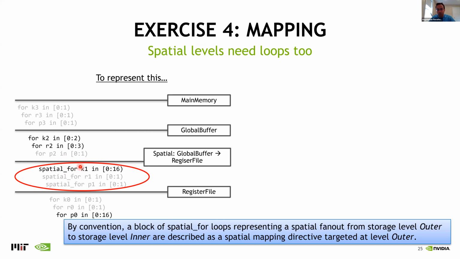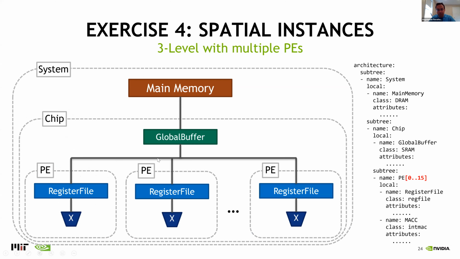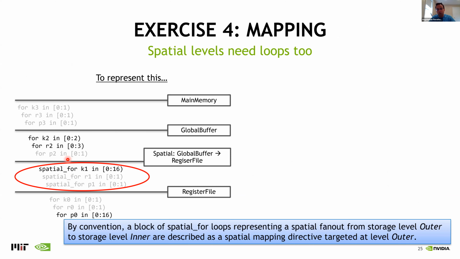Okay, and the spatial for, because you've got this fan out between the global buffer and the PEs, you're going to have a spatial for between this global buffer level and the PE register file level. In this specific example, I have chosen to run the spatial for over Ks, and we'll see what happens in a moment.